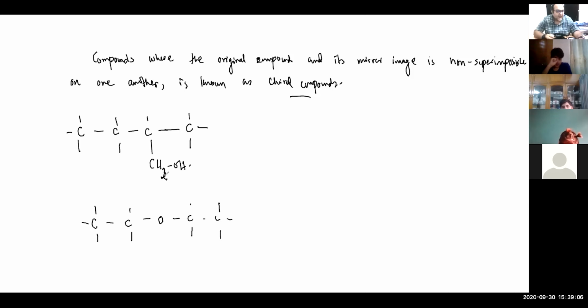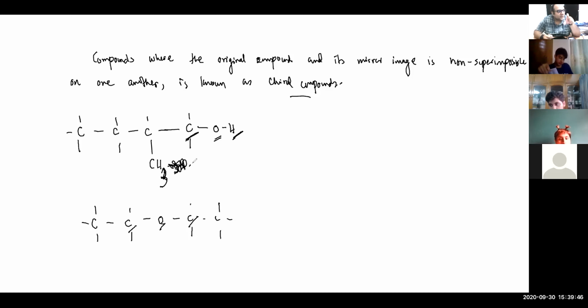So are they similar compounds? No, sir. Here, the oxygen is linked to what? Carbon and hydrogen. But here, the oxygen is linked to both carbon.